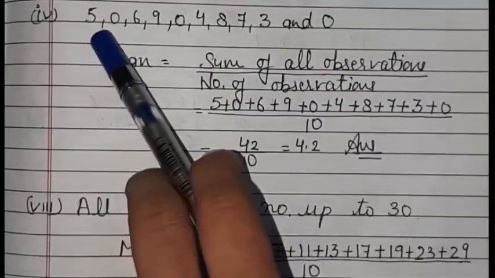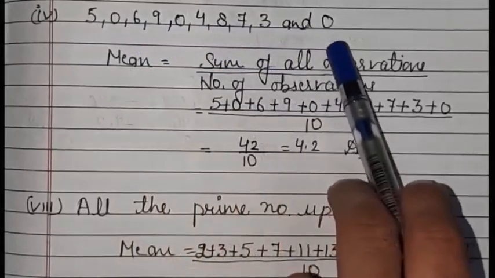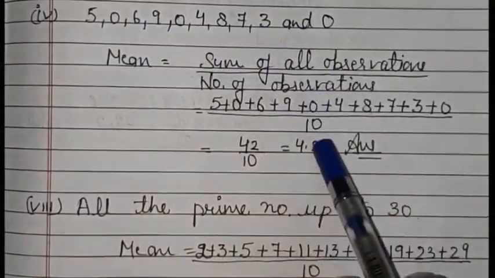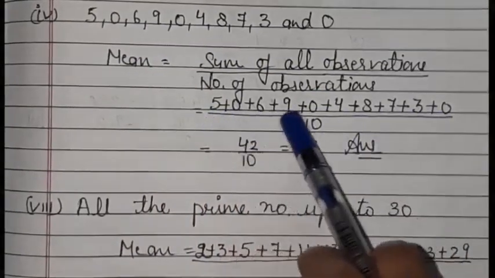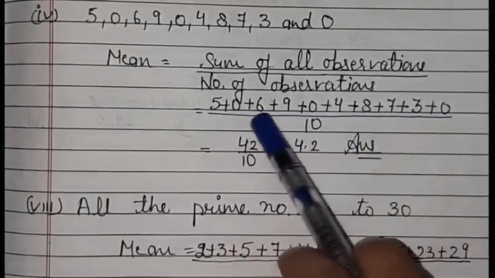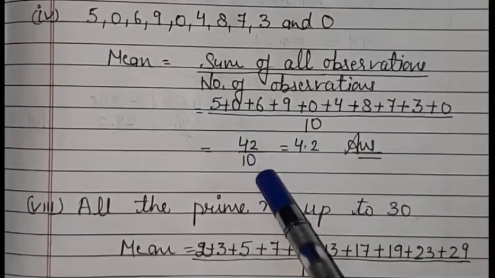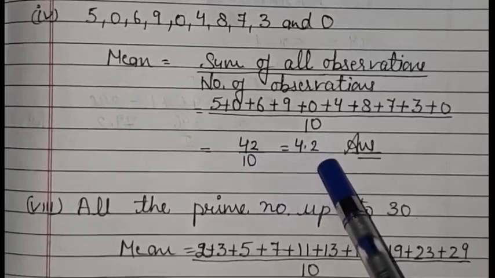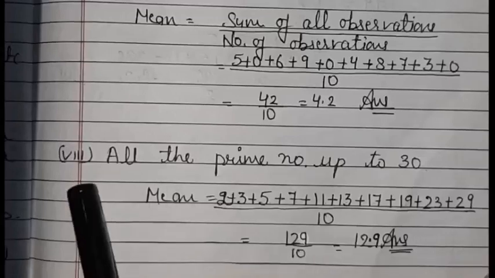Just count it: 1, 2, 3, 4, 5, 6, 7, 8, 9, 10. There are 10 observations, so divided by 10. When we add all these observations, the sum will come 42. Right? Divided by 10 is 4.2. Mean is 4.2.